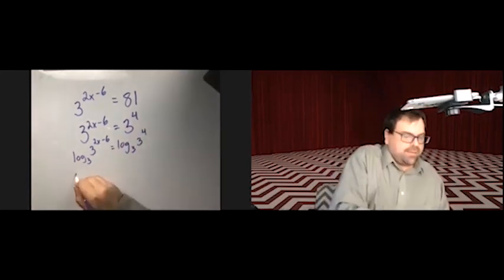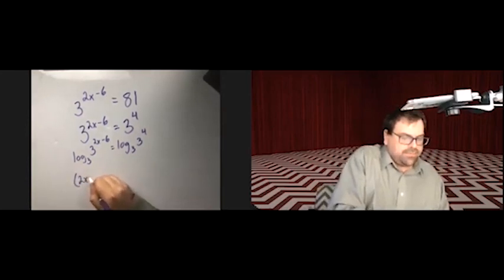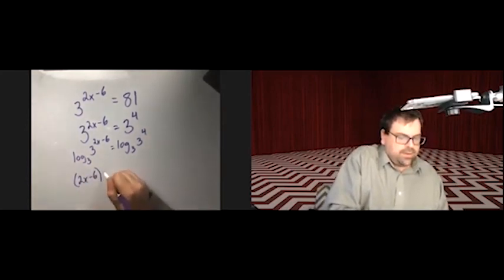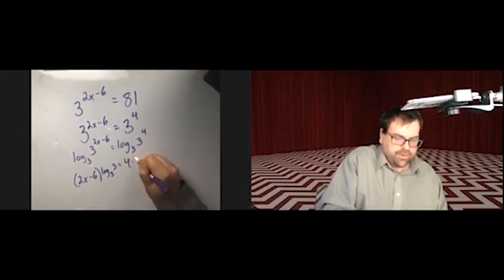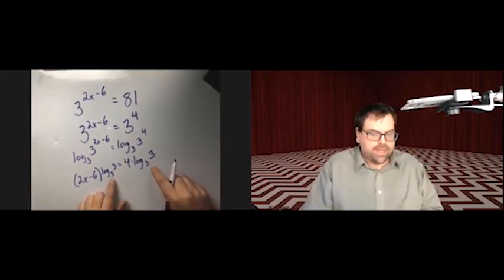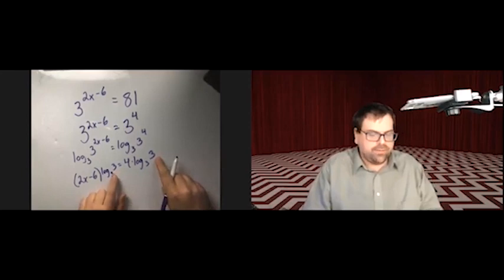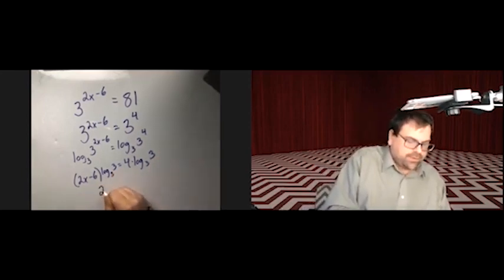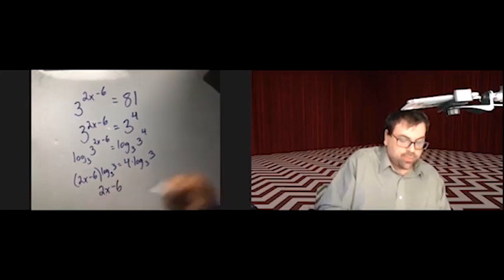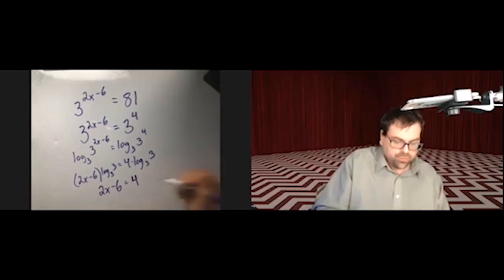Then the powers are coming down front as multiplication. The base 3 log of 3 is 1 because 3 to the first power is 3. So 2x minus 6 times 1 equals 4 times 1.